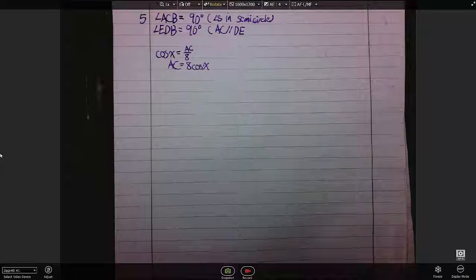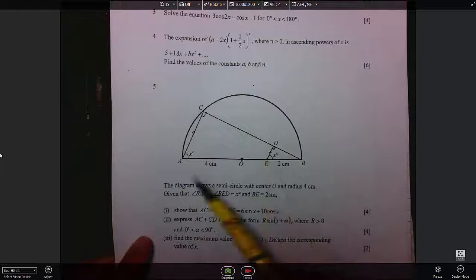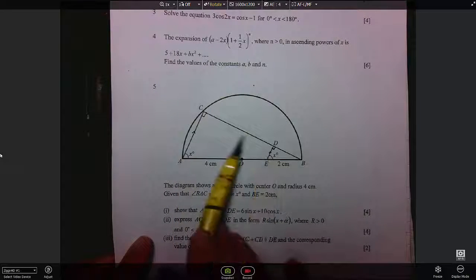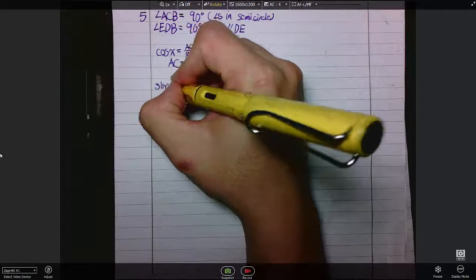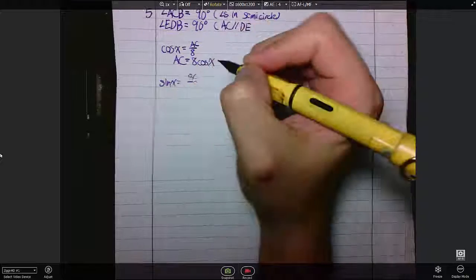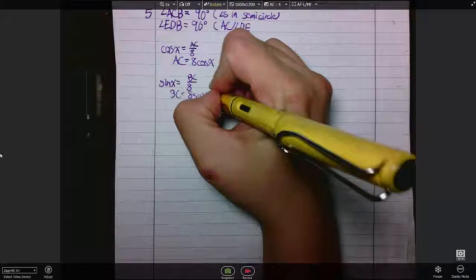Next part is BC. From the big triangle ACB, opposite over hypotenuse gives you BC, so I write sine x equals BC over 8. BC is 8 sine x.